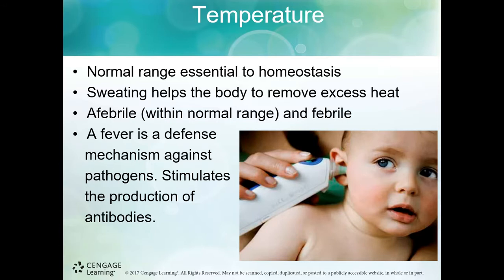Temperature, the normal range is essential to homeostasis. We sweat to remove excess heat. Afebrile means within normal range, and febrile means having a fever. Remember that a fever is a defense mechanism against pathogens, and it does stimulate the production of antibodies, but when a fever becomes too high, that can actually cause damage to the body.